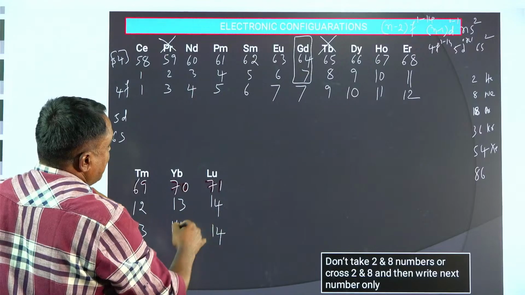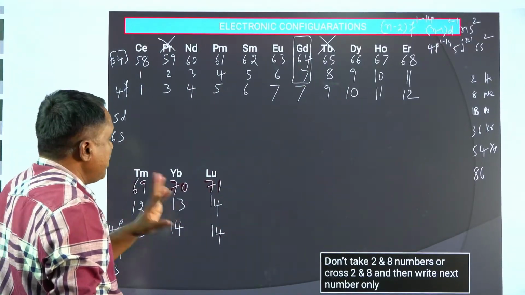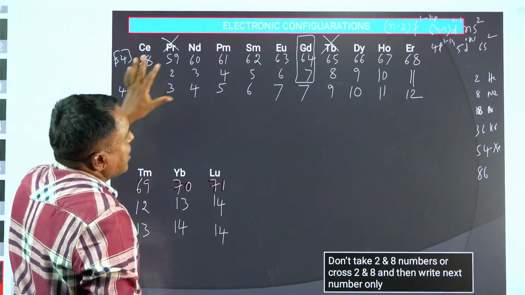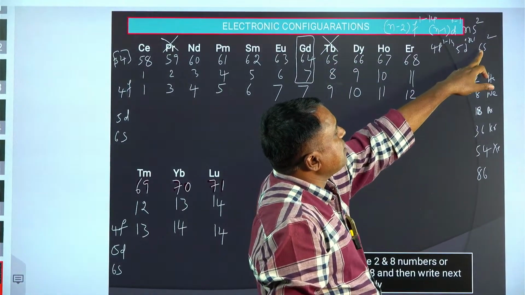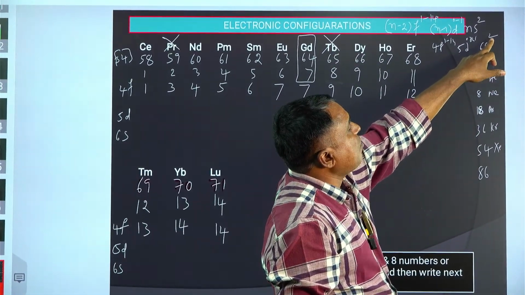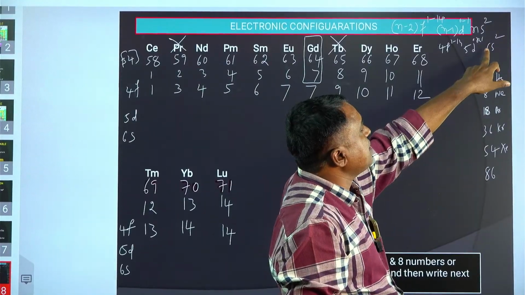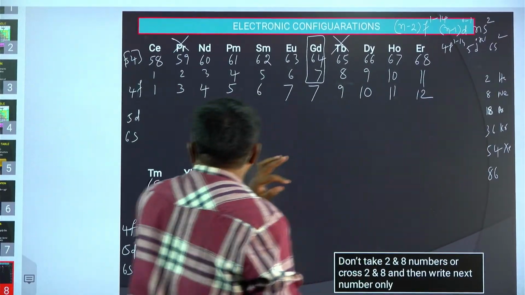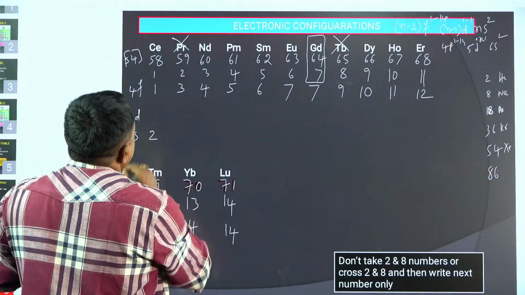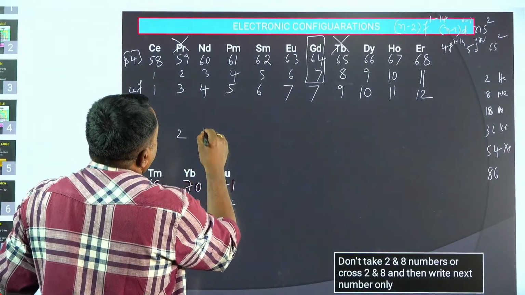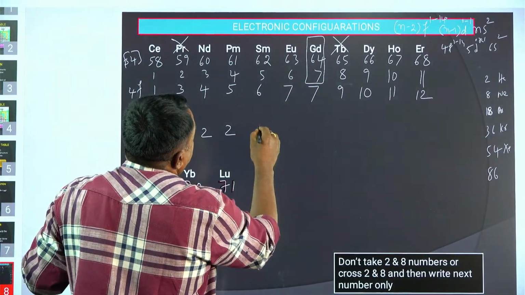And after that, lutetium is again 14 only. In the general electron configuration, the 6s is already fixed. Therefore 6s should always be 2 only.